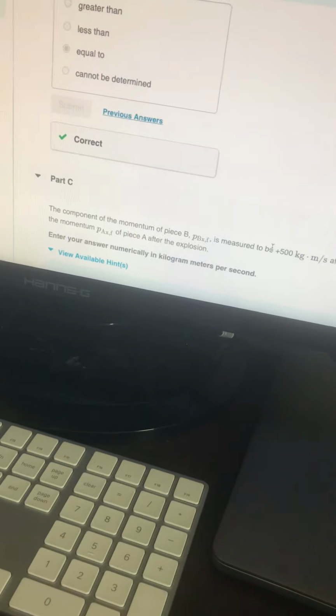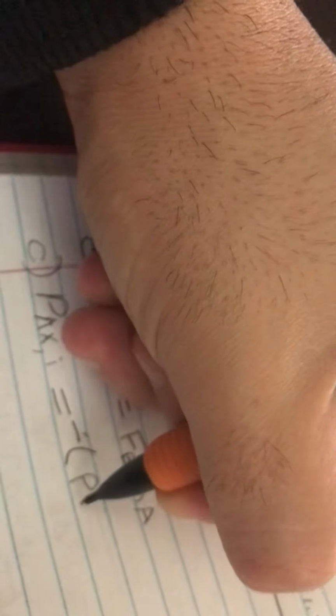So P A x i is going to be equal to the inverse of P B x. The inverse of P B x.